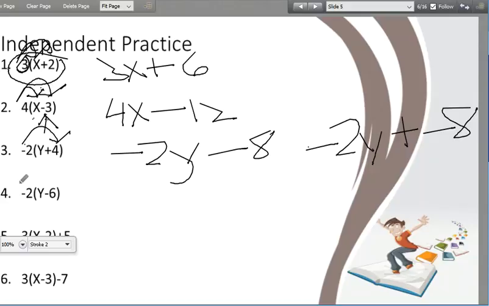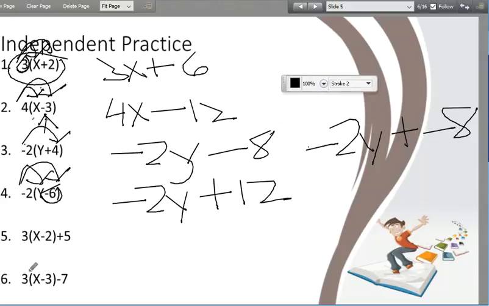Okay, let's look at number 4. Negative 2 times y is negative 2y. Negative 2 times, we've got a minus sign in front of this 6, so that actually makes it a negative. So negative 2 times negative 6 would be positive 12.